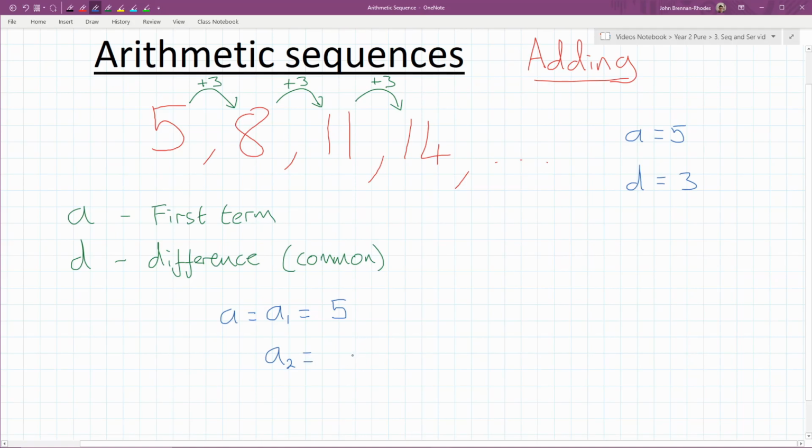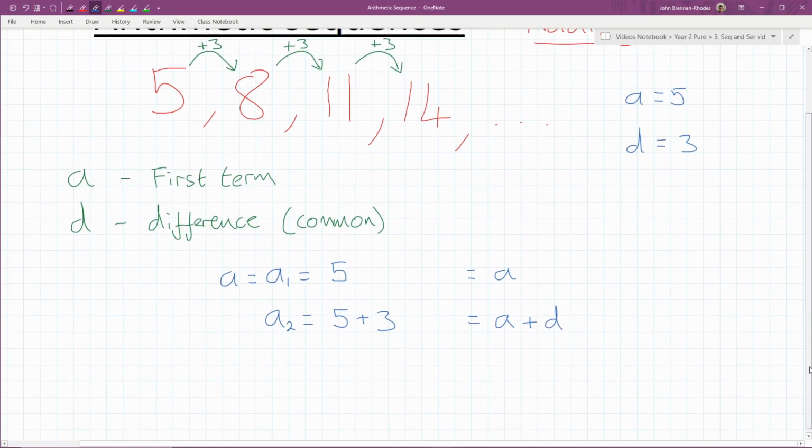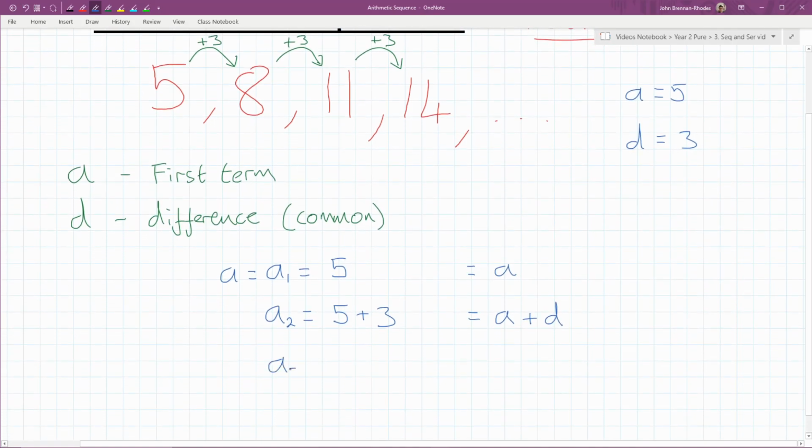And we can see that this is equal to 5 plus 3. And over here, I'm going to start writing that in terms of A and D. So the first term is just A, and the second term is A plus D. Now the third term is 5 plus 2 times 3, because we've added 3 twice. So that is A plus 2D.